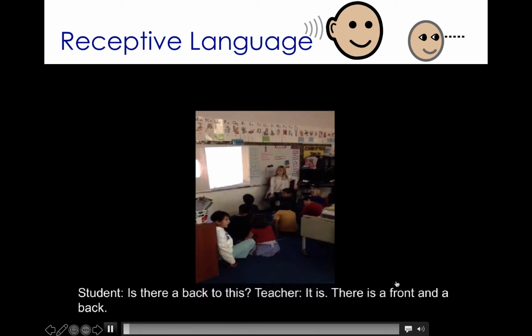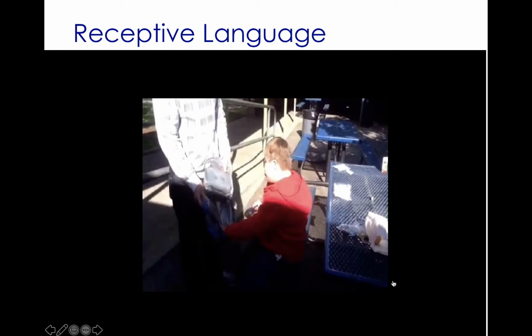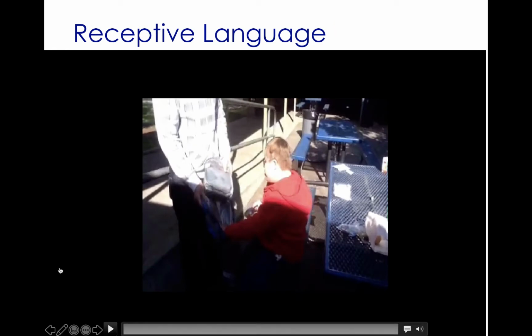And you can tell that the students understand for the most part because they are doing what the teacher is asking. Other students who maybe don't have as strong receptive language skills could be looking to their partners to see what they should be doing.